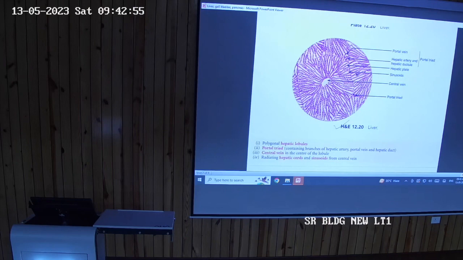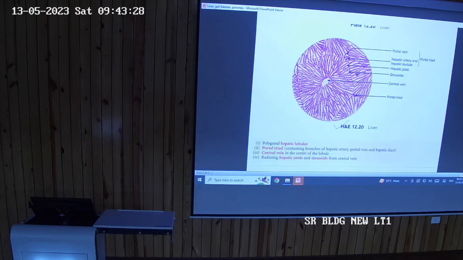From the capsule the septa come inwards and divide the liver into lobules. Each lobule has a vein in the center, called the central vein, and radiating from the central vein you see multiple cords.